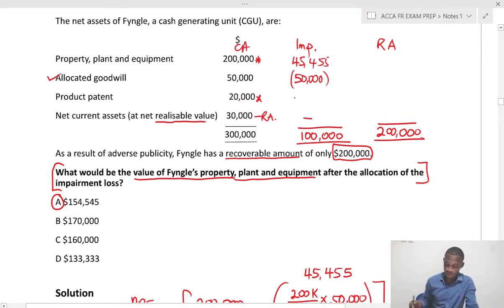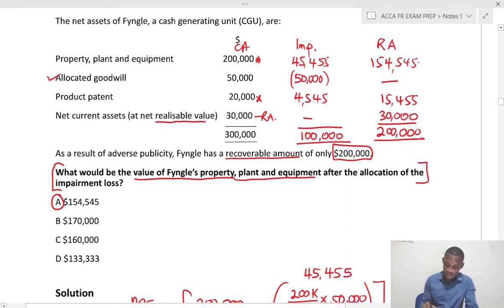The remaining balance is very straightforward: 45,455 plus 4,545 gives us 50. So here the PP balance is 154,545. For the product patent, 20,000 minus 4,545 is 15,455, and of course the net current assets are not impaired, so 30,000.